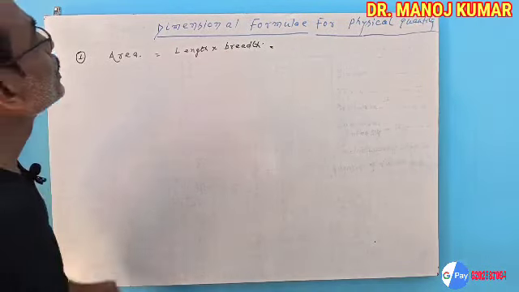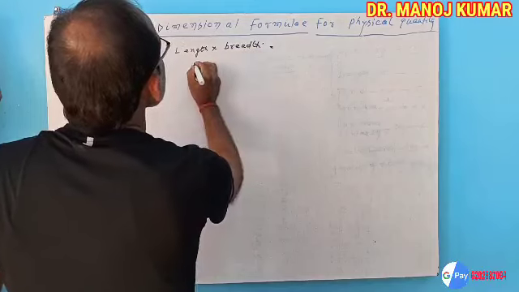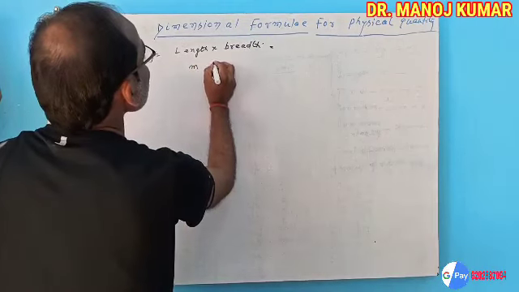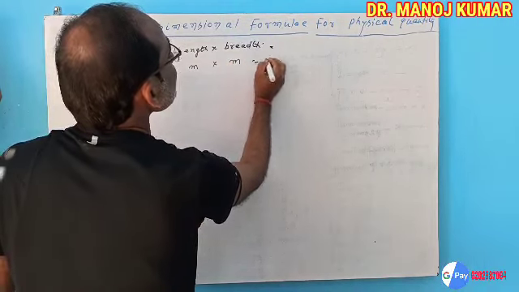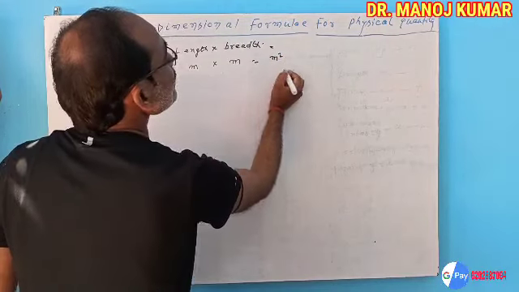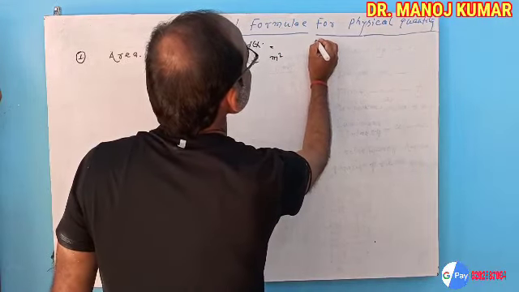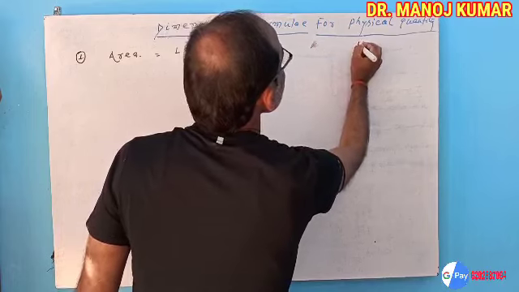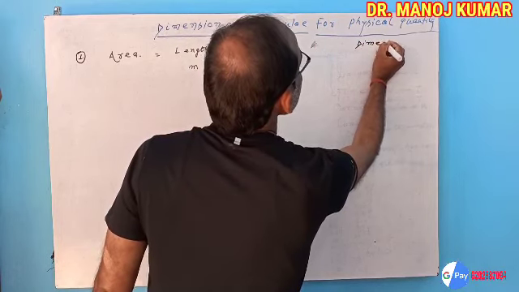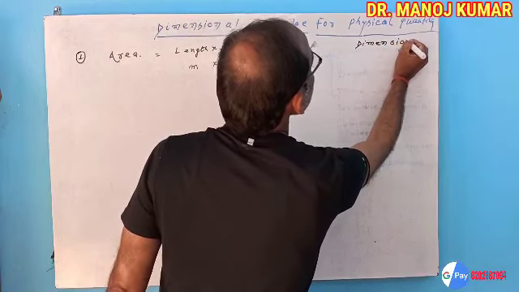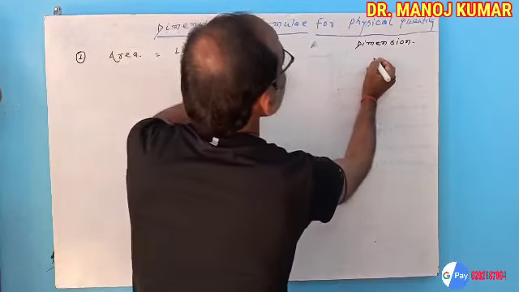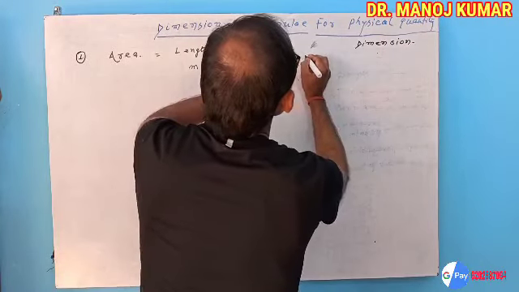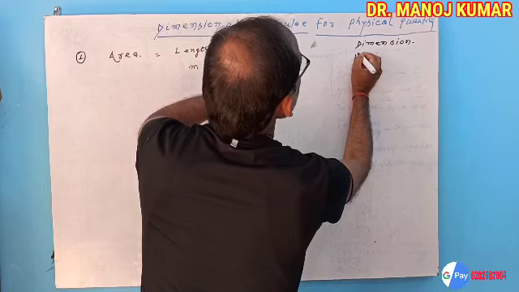So this is m into m, that is m square. Their dimension will be L square.